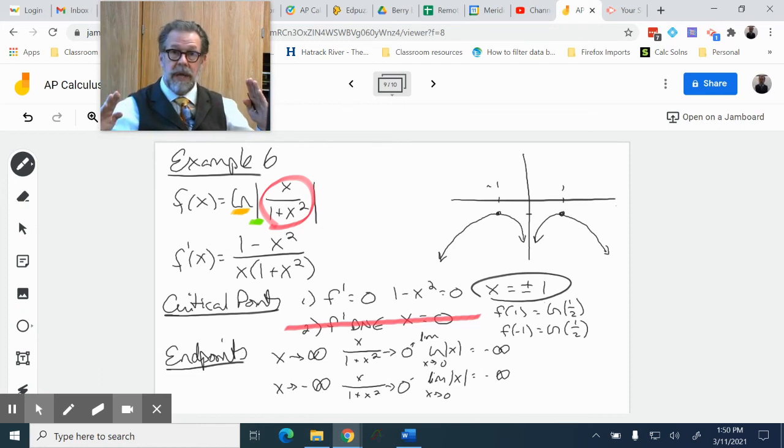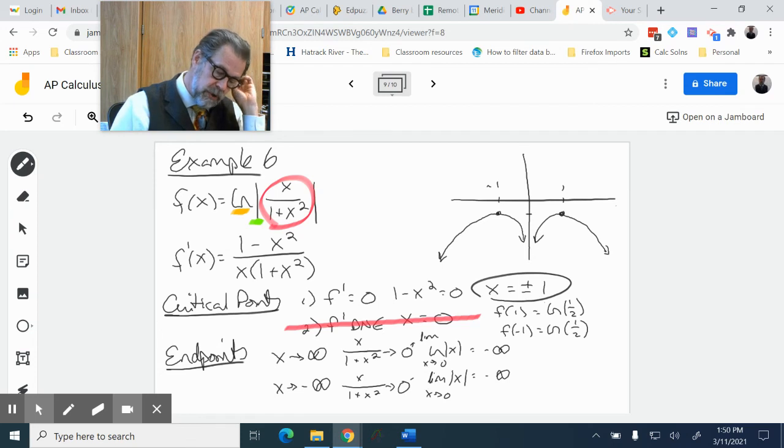If I started negative and I came up to my critical point, it has to go back down again. Wow, is that a true statement? Didn't I say earlier that critical points did not have to be max or min? So no, I just lied to you. Oops. Let's roll past it.